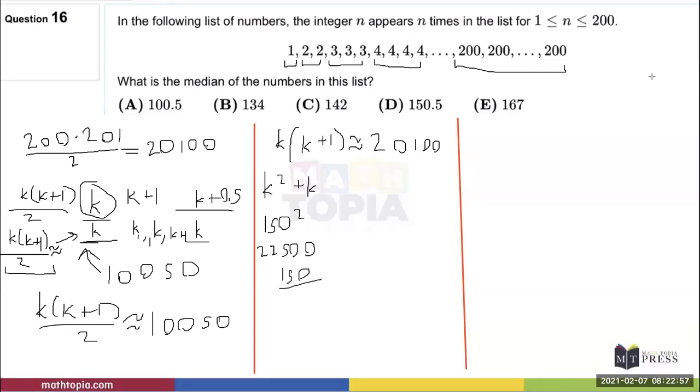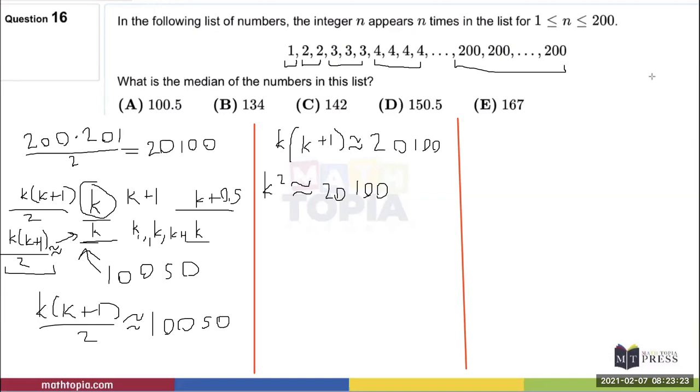This 150 basically means nothing in terms of increasing the number. In terms of percentage error, it's going to be less than 1%, right? So we don't need to worry about this k term. We just get rid of it, because k squared is so much bigger that k is a negligible term, right? It just doesn't matter. So k squared is going to be about 20,100, right?